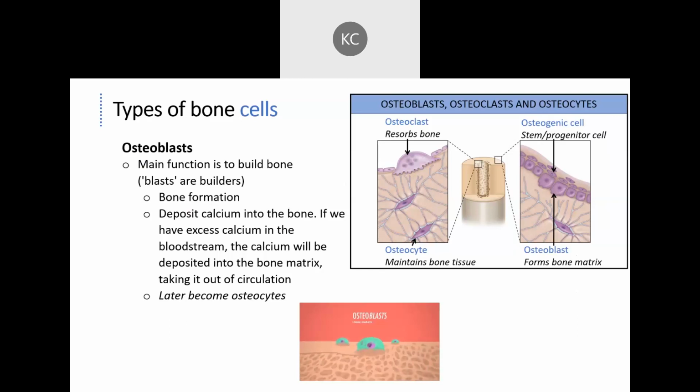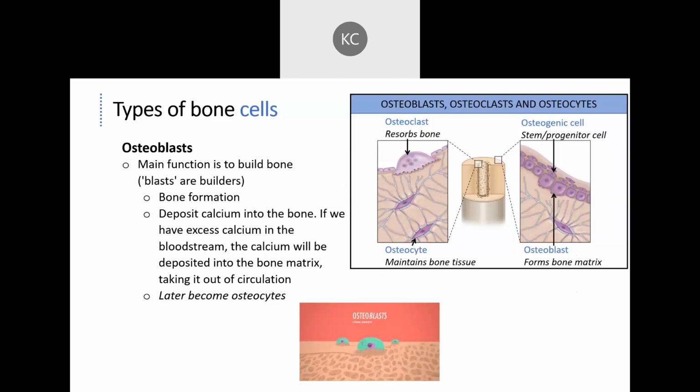Okay, and so bone in general, as we go on talking about it, is made of a couple of things. One, it's made of collagen fibers. It's also made of something called hydroxyapatite crystals. Both of these things together give bone its different characteristics.